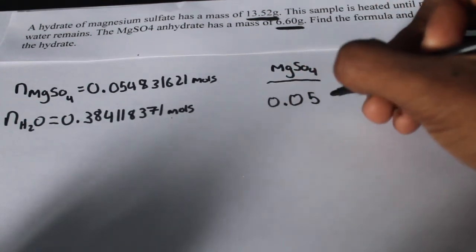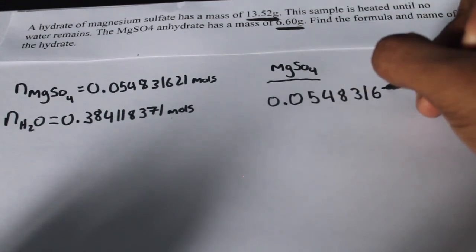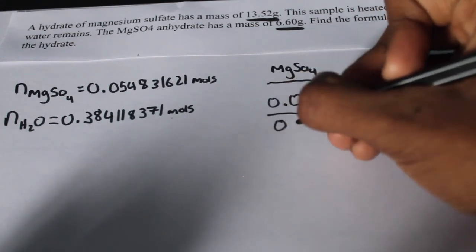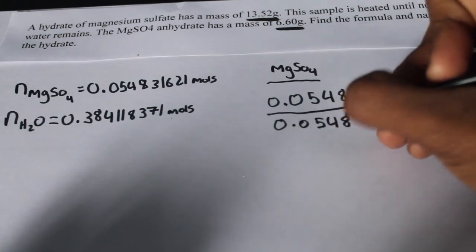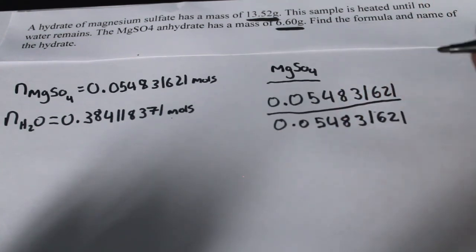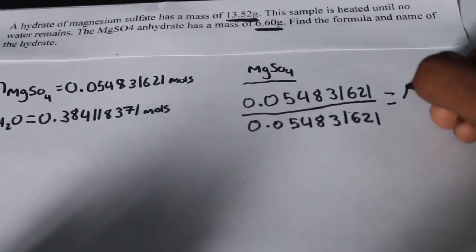So the number of moles of magnesium sulfate over the same number. And this is equal to 1.